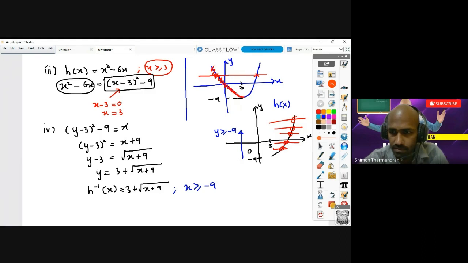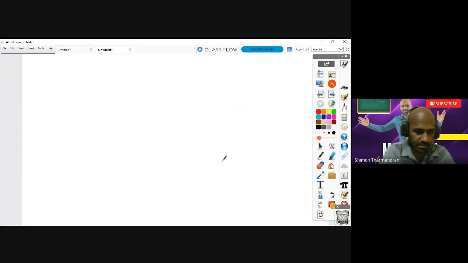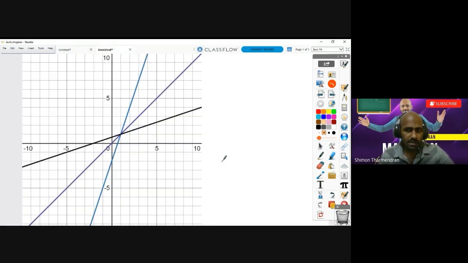Okay, so I'll just clear this board first and just explain to you all how the graph looks like. So now that's how it's going to look like. So the first one is f of x. And look at the function of f of x.